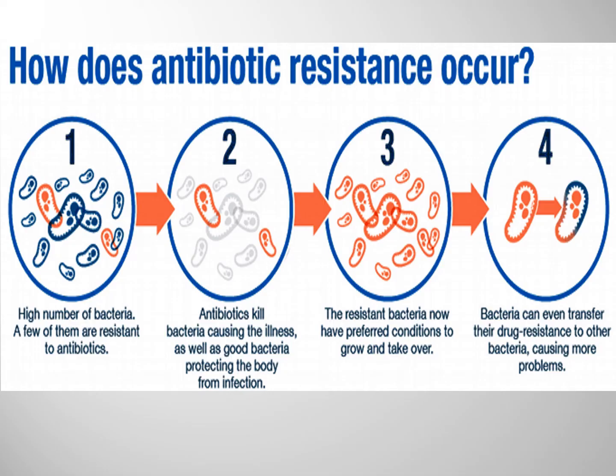And I think this slide really shows the development of antibiotic resistance very well. So in number one, you have a large number of bacteria, and very, very few of them are resistant to the antibiotic that's being used.